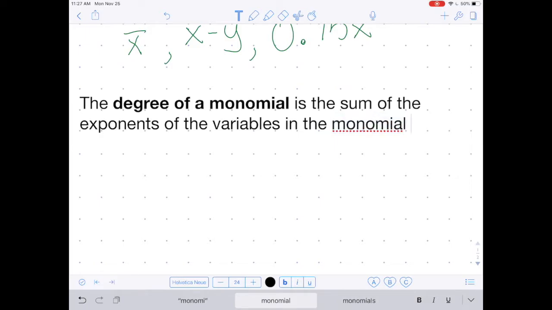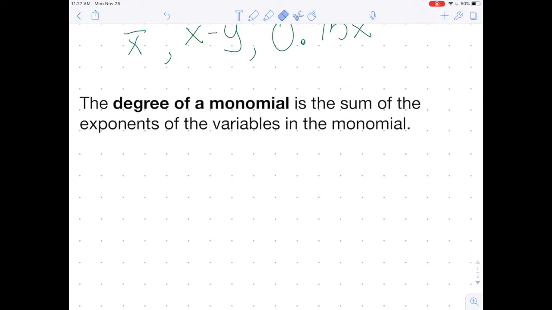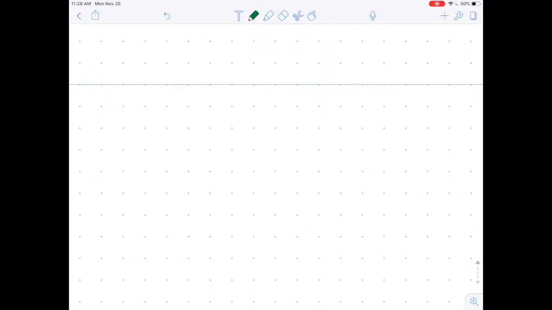So it's only the variables. You cannot count the exponents on a whole number. Sum of the exponents of the variables. Has to be variables. So let's just jump right in here with a couple examples.